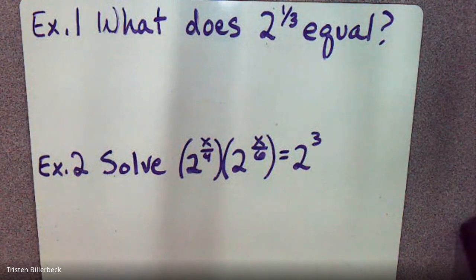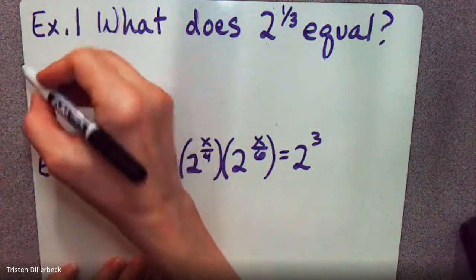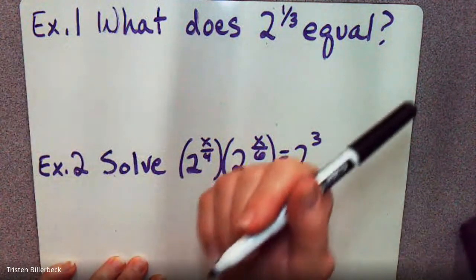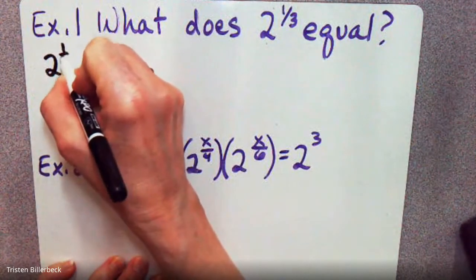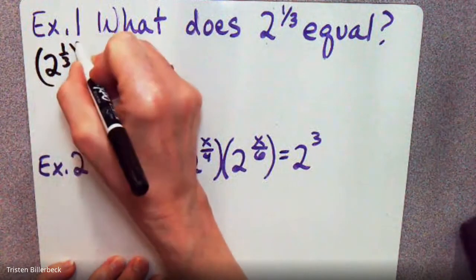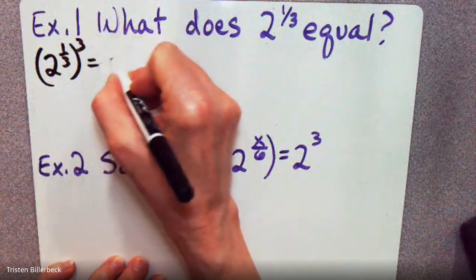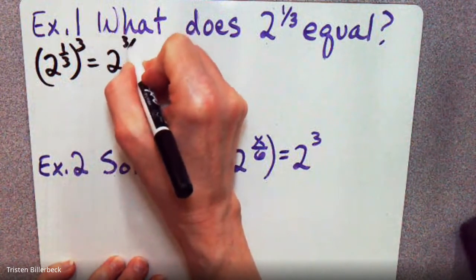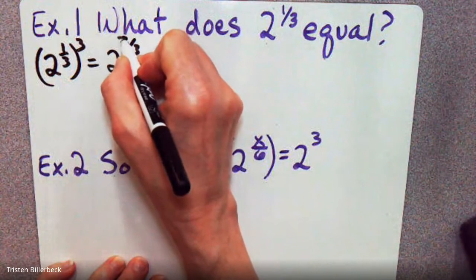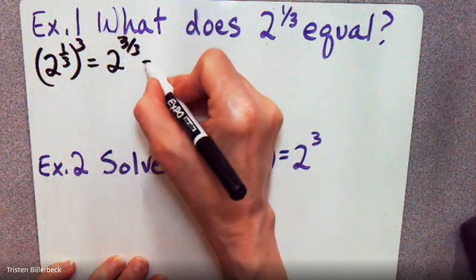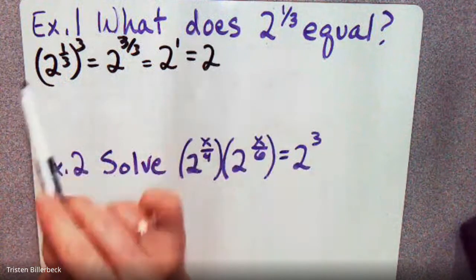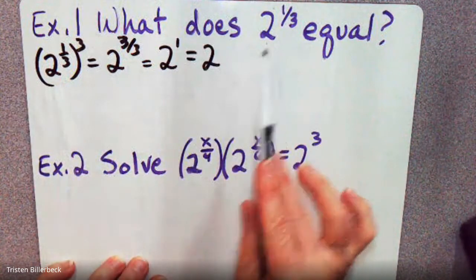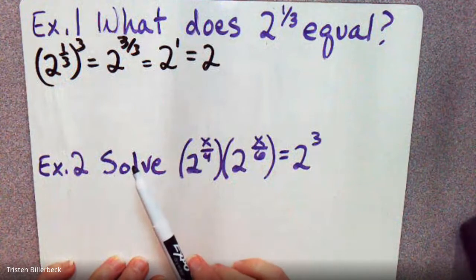All right. So what does 2 to the 1/3 equal? So we could use the power of powers and say 2 to the 1/3, and then we could cube it. So that equals 2 to the 3 over 3, which we know 3 divided by 3 is just 1. So we have 2 to the first equals 2. So now we know if we cube this, we will get 2.